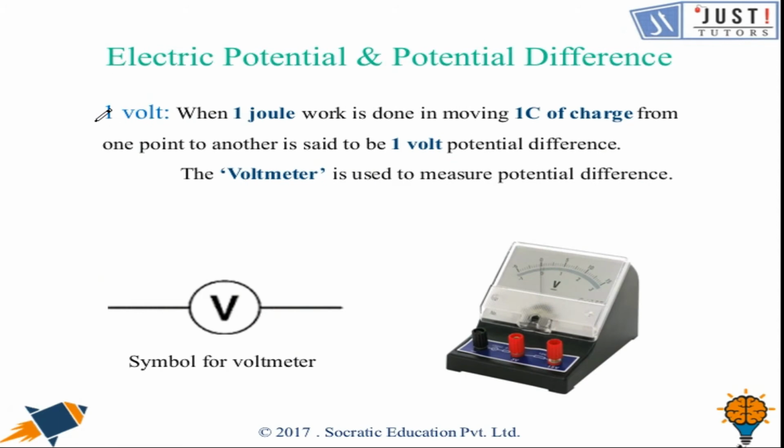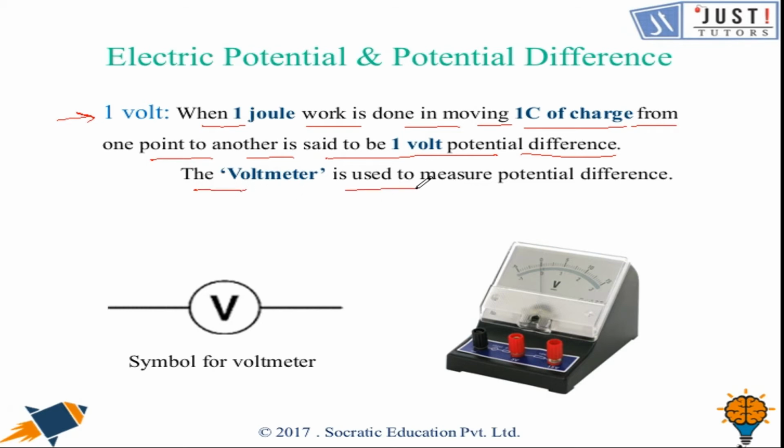Now 1 volt, as we know, volt is the SI unit of potential difference. So 1 volt can be defined as when 1 joule of work is done in moving 1 coulomb of charge from one point to another, it is said to be 1 volt potential difference. And remember this, these are very important definitions which are commonly asked in examinations.